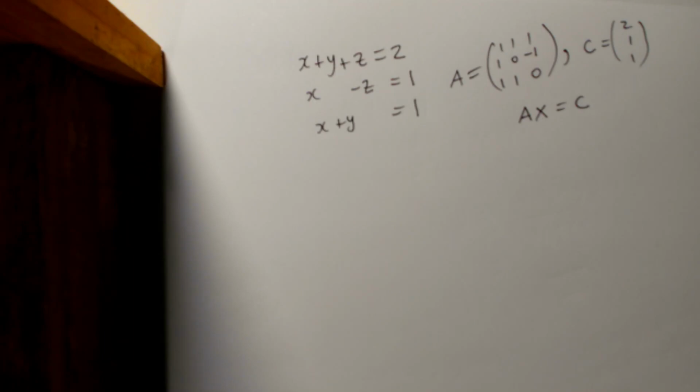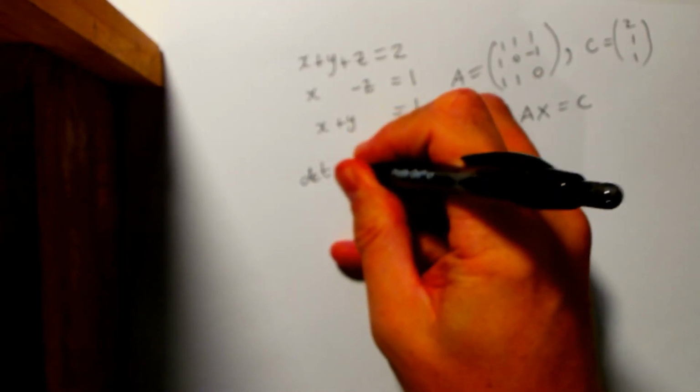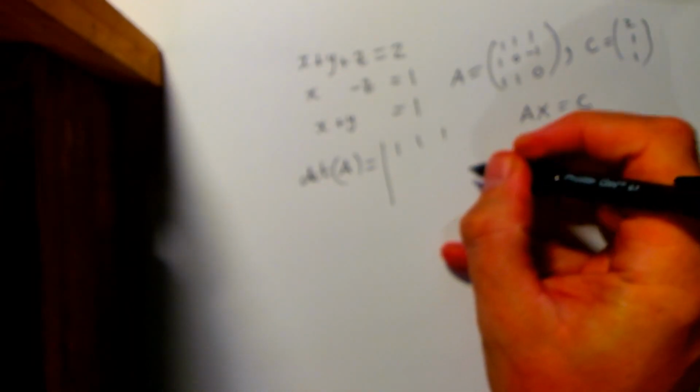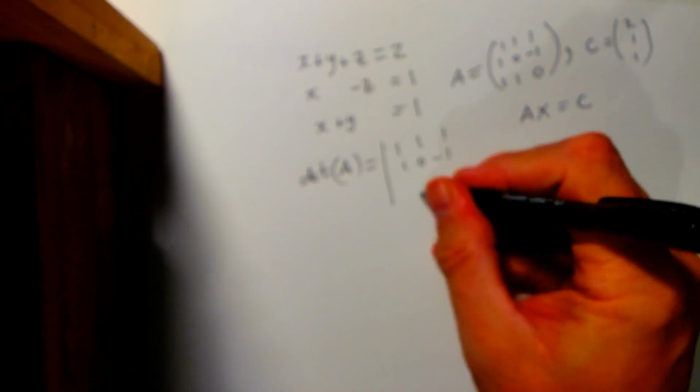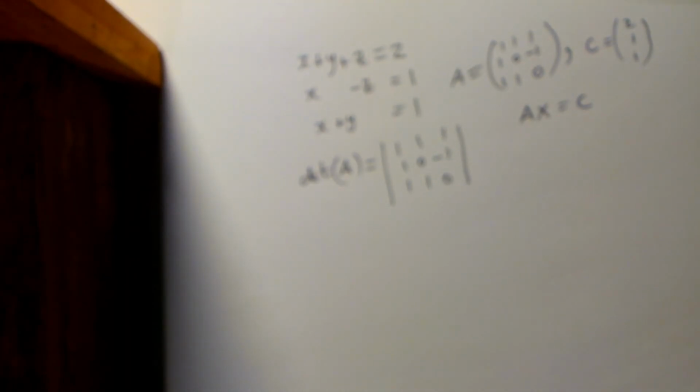Alright, so we need the determinant of the matrix A. So det of A is equal to the determinant of 1, 1, 1, 1, 0, minus 1, 1, 1, 0.